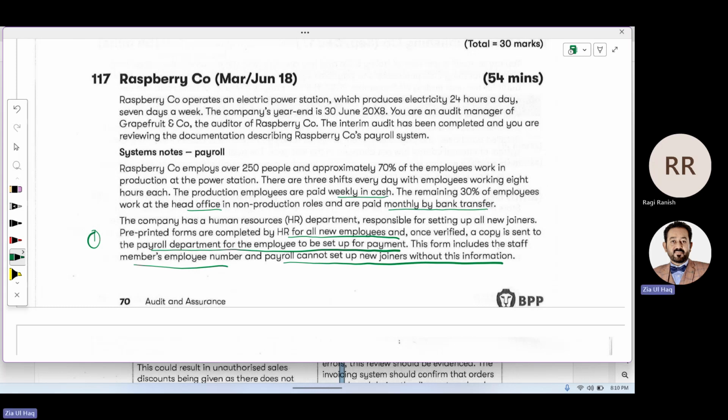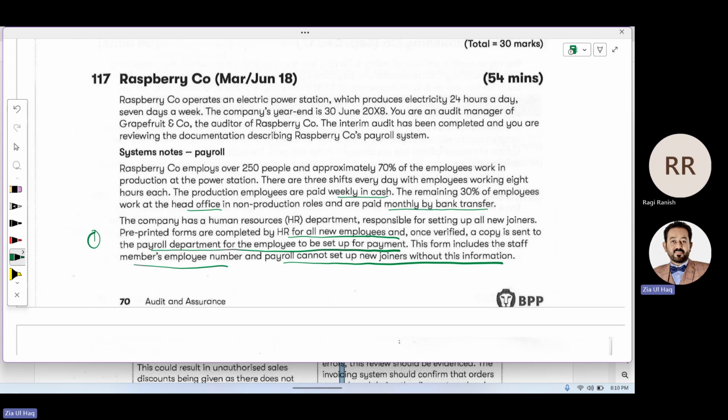So this is also a good control. No new joiners will be created in the system without having the verified joiners form from the HR department. Through this, the company can avoid creation of fictitious employees as new joiners.